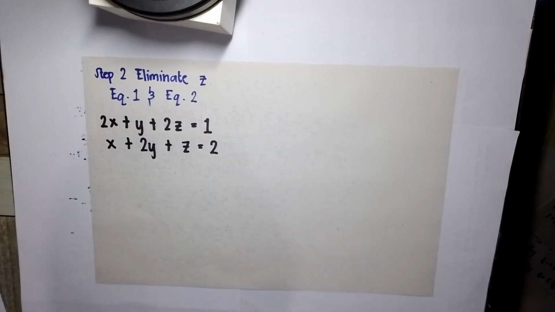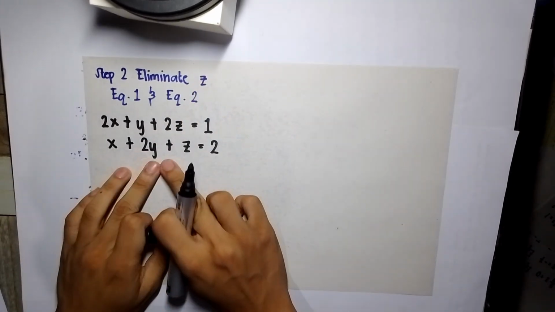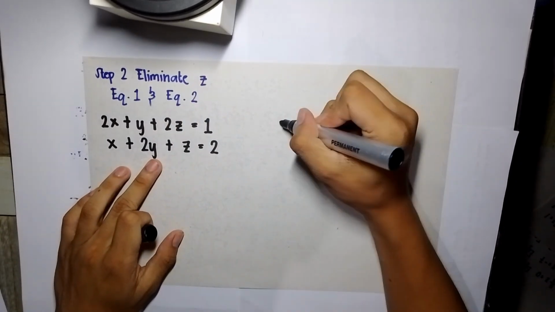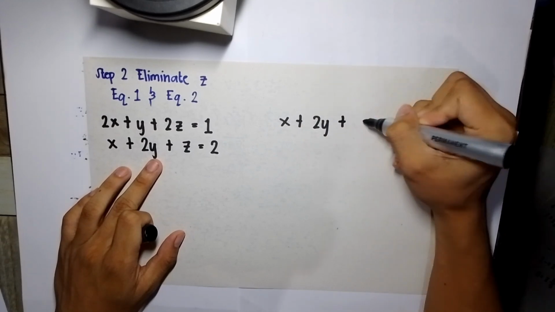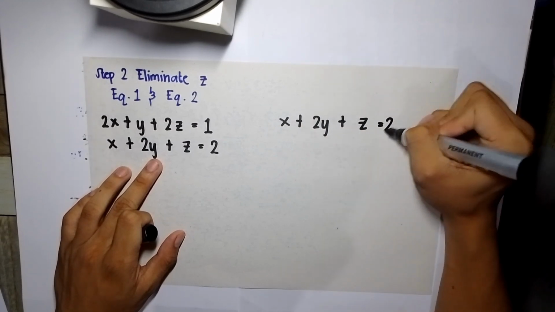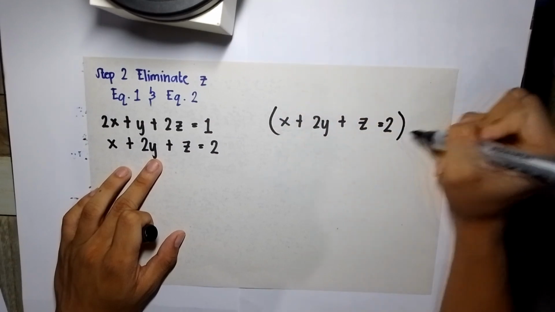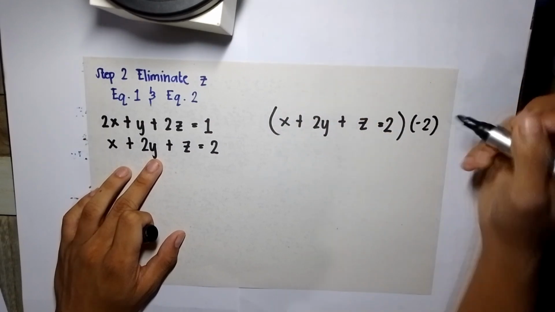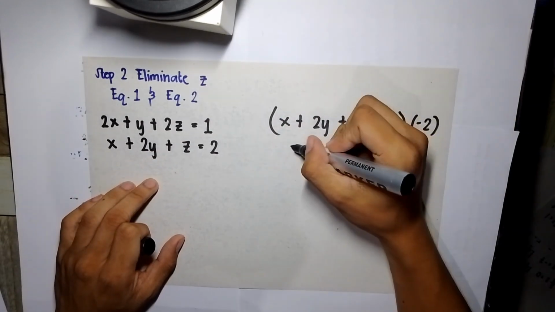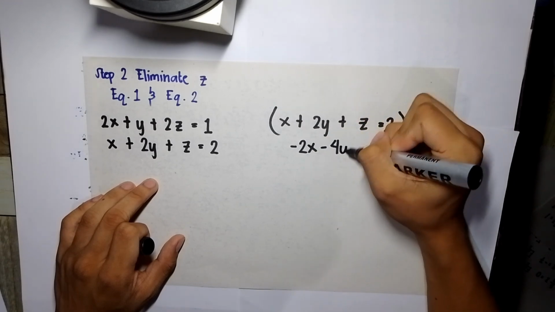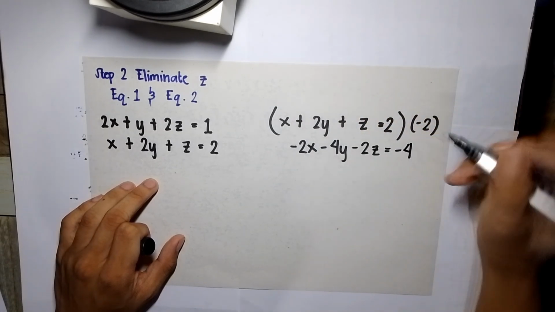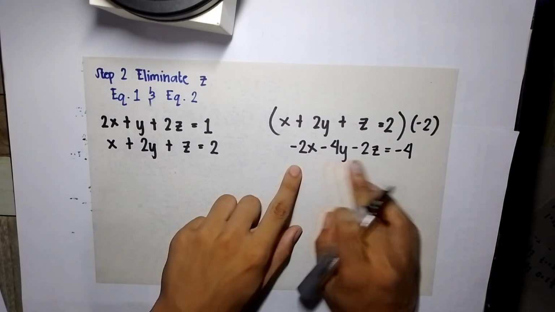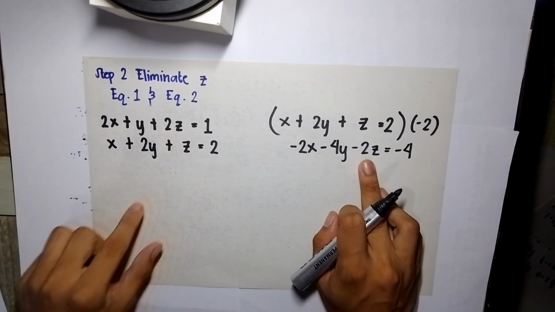Since we want to eliminate the variable z, we are going to multiply equation 2 by negative 2 in order for us to eliminate the variable z. Now multiply using distributive property. With this, we can now eliminate the variable z.